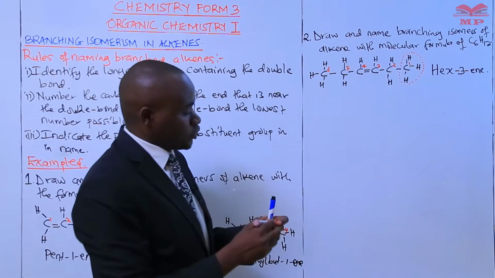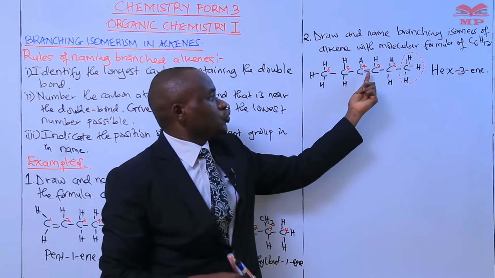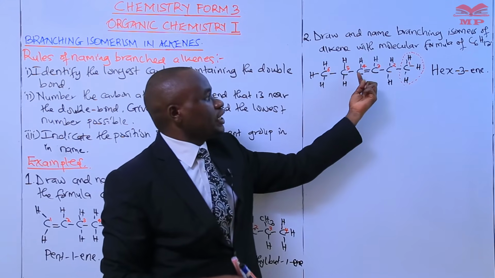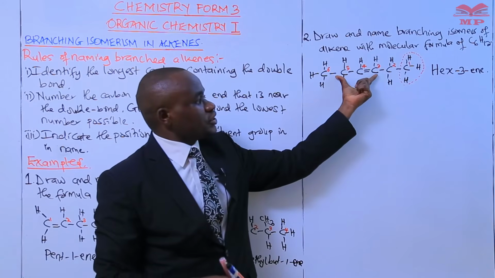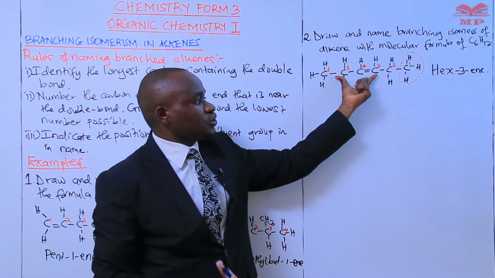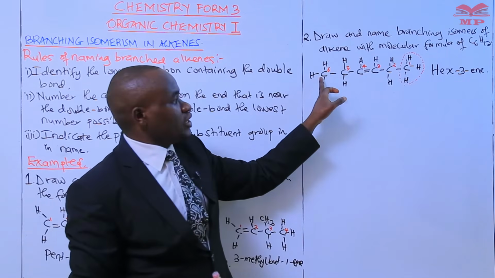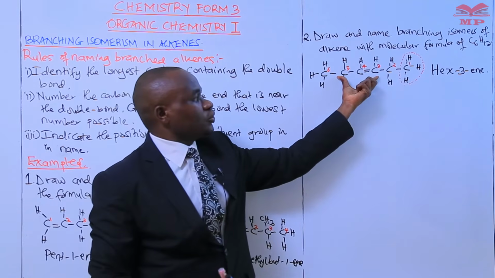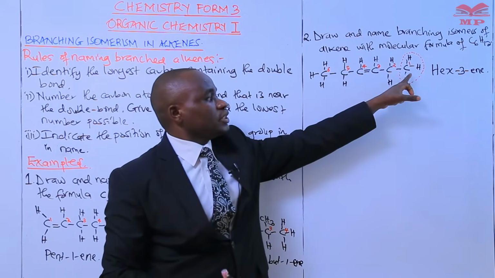So after removing that one, you realize you'll be left with this 5. 1, 2, 3, 4, 5. And then you replace with any middle. Any middle carbon are these ones here. These 3 are the middle carbon atoms I'm talking about. Because after removing this will be at the end, then this will be at the end. So I'll have these ones. So these middle hydrogen atoms I replace with a methyl, this methyl group here.